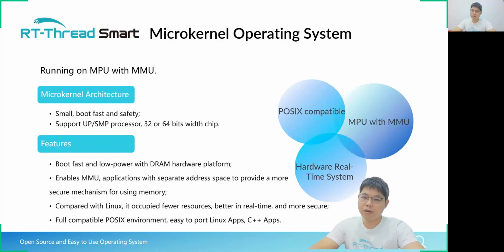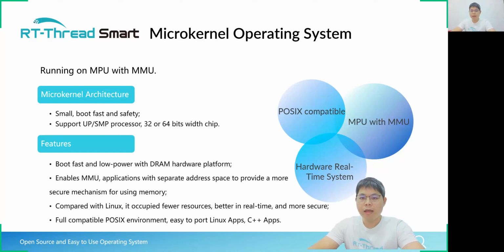It supports UP and SMP processors for both 32-bit and 64-bit chips, such as ARM Cortex-A series chips, MIPS chips, RISC-V chips with MMU, and so on. For example, for the ARM Cortex-A series, RTOS Smart can run on the QEMU simulator. It can also run on Raspberry Pi.